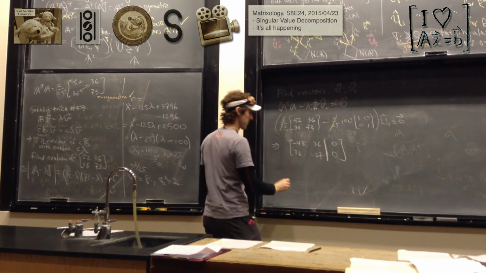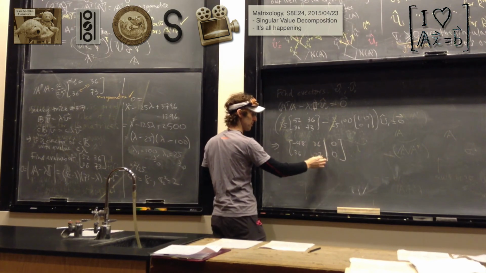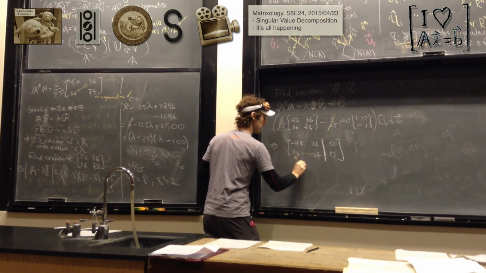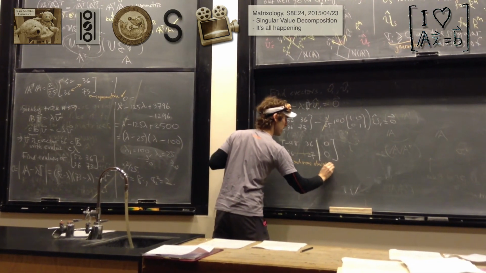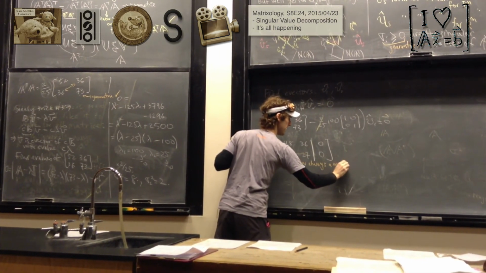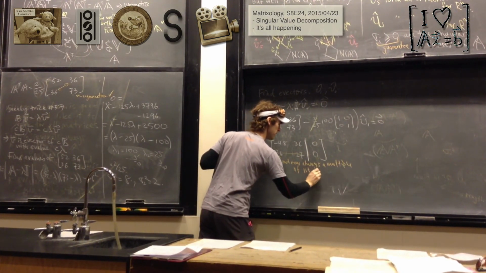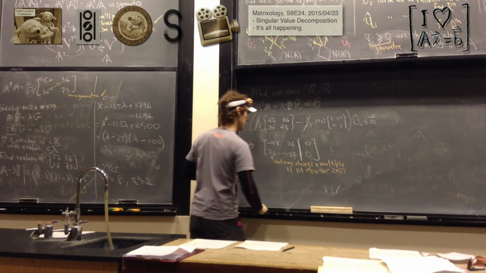So 3/4 of this one, 3/4 of this one. That's true. So second row, always a multiple of the first row for 2x2s. Can't do it for others.